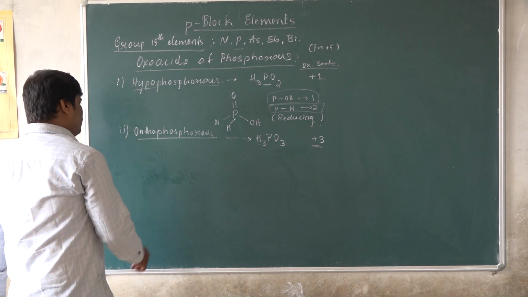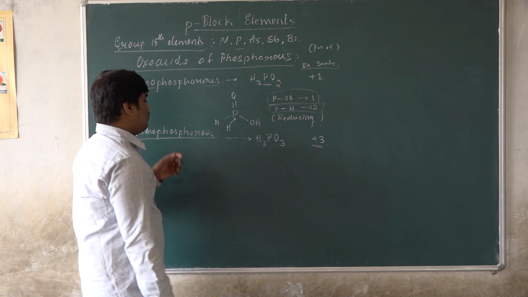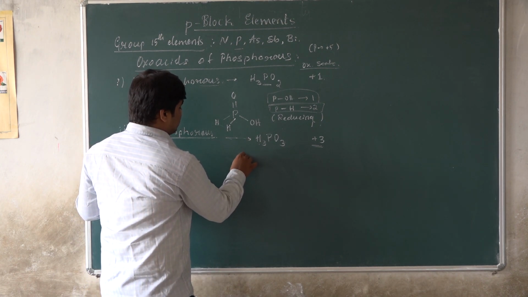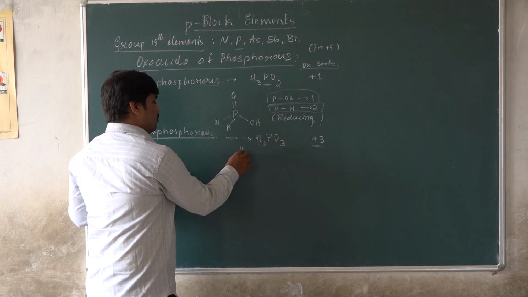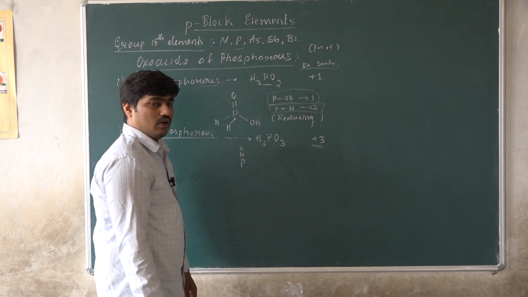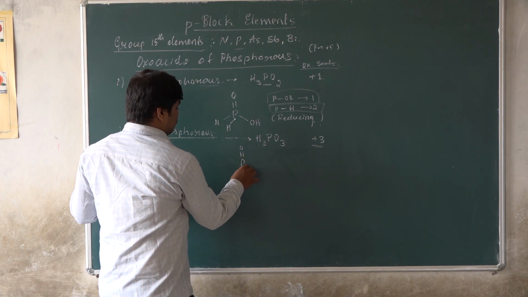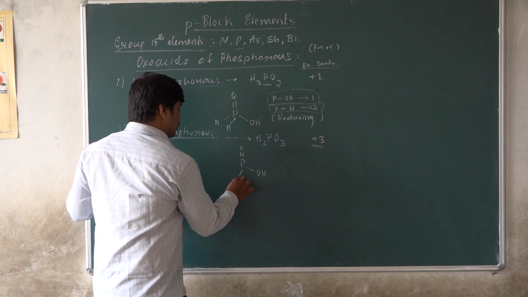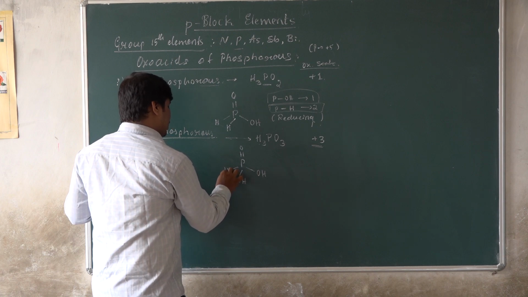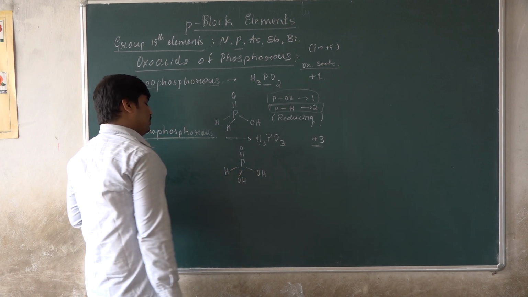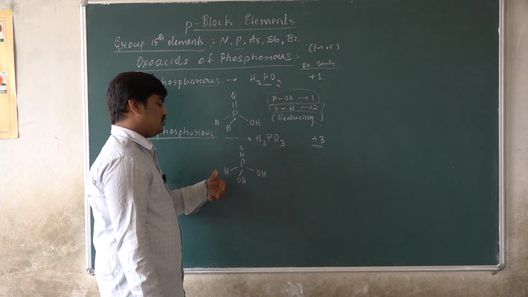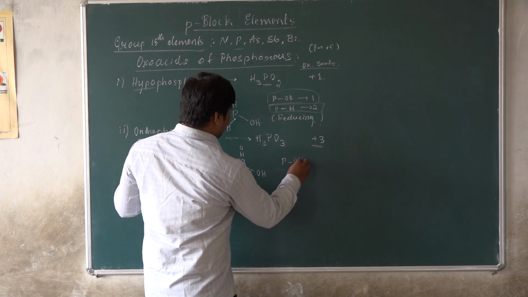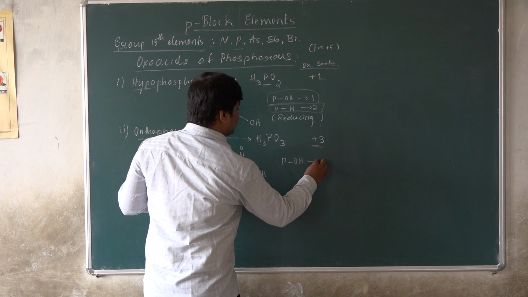Next, what is the structure of orthophosphorus acid? P as the center, phosphorus. Next, oxygen bonded to the phosphorus with a double bond. Next, OH, another OH, and next, hydrogen. Here, the number of phosphorus-oxygen bonds increases. The number of P-OH bonds is 2.